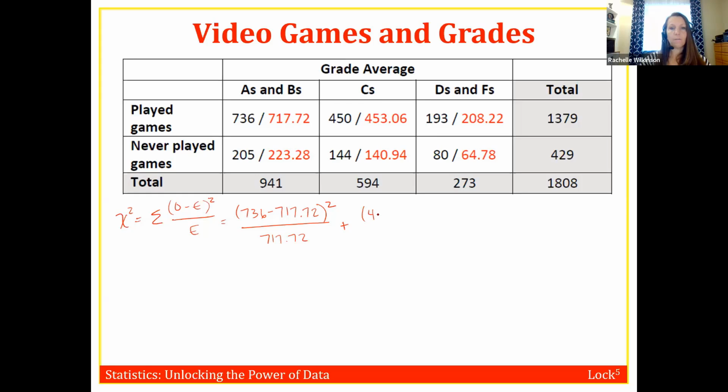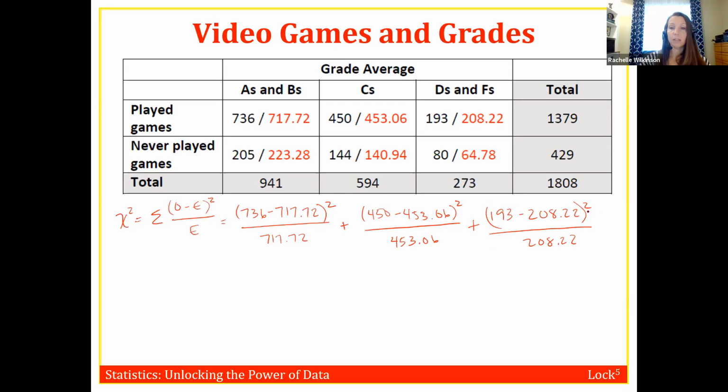This one I'm going to have 450 minus 453.06, square that difference, and divide by the expected count of 453.06. Plus, now I come over here to the next cell, I'm going to have 193 minus 208.22, square that and divide by 208.22.